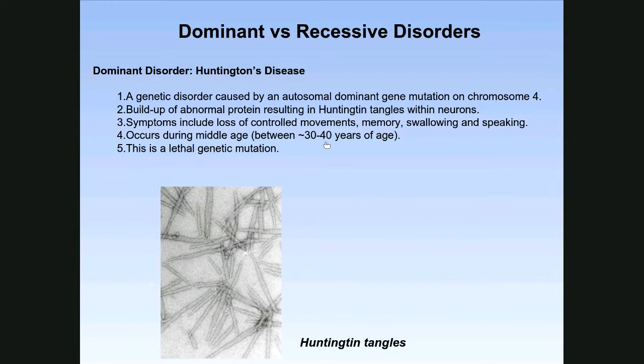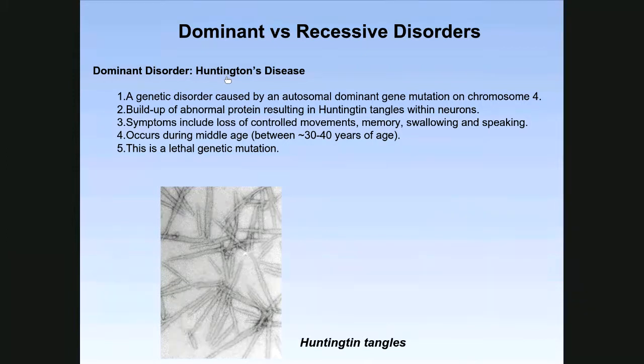Okay, but the catch is this: when it comes to dominant genetic disorders, if the offspring inherits a dominant allele from both parents associated with Huntington's disease, the mother will miscarry.